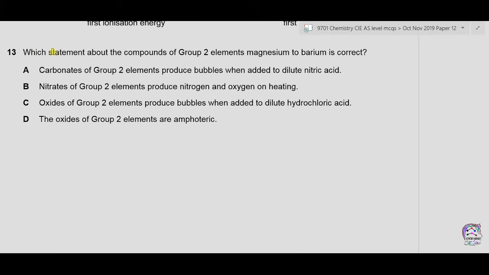Question 13, which statement about the compounds of group 2 elements magnesium to barium is correct? A. Carbonates of group 2 elements produce bubbles when added to dilute nitric acid. We know that all group 2 carbonates produce salt, water and carbon dioxide in the presence of dilute acid.